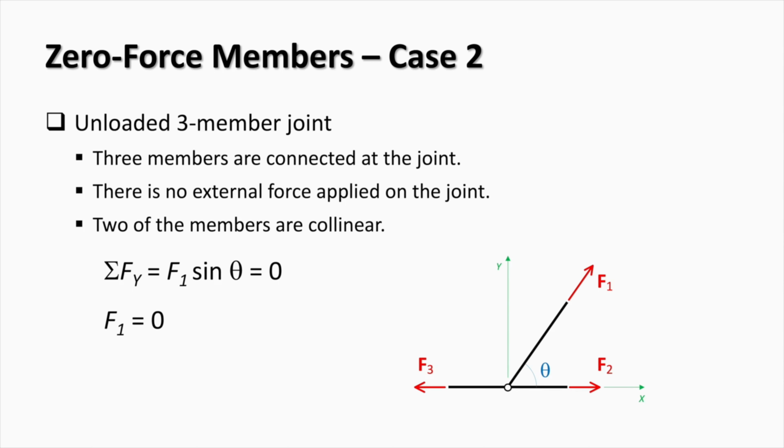And from the sum of horizontal forces, it follows that F2 equals F3. So we don't know what the values are, but we know that they're equal and in opposite directions, or both of them in tension. As a result, the inclined bar in this connection is unloaded.